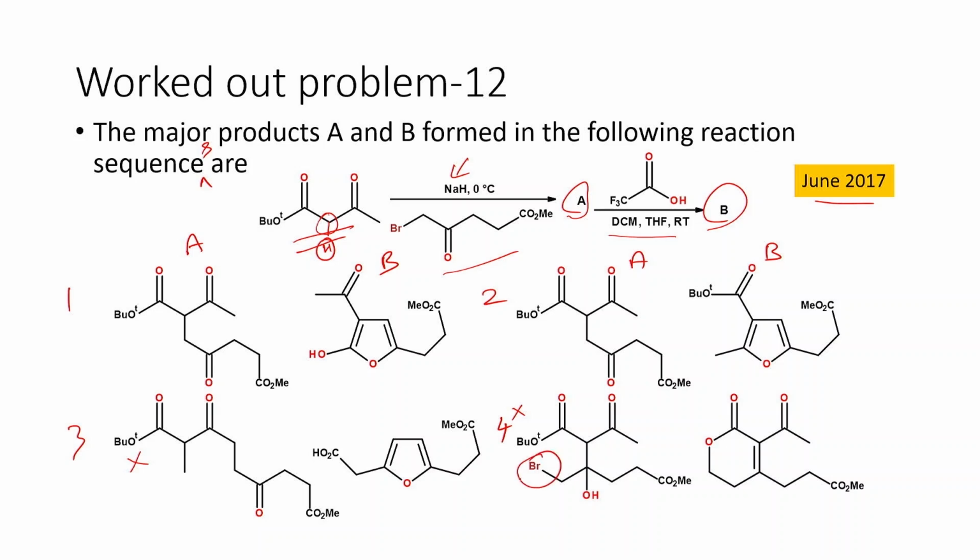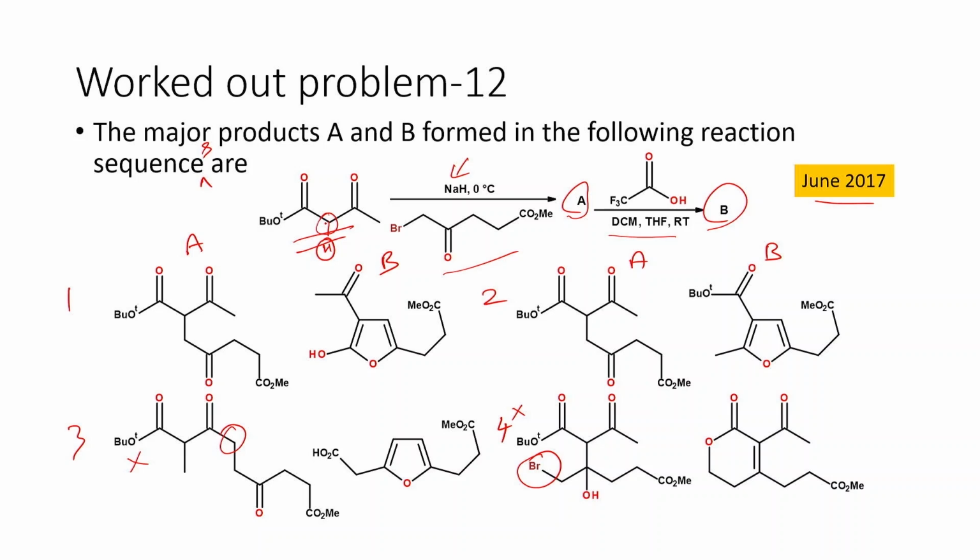So option 4 is completely ruled out because that may not be the product, and option 3 also can be ruled out because here the alkylation takes place on the alkyl carbon. Of course, this may be possible, it is not that it may not be happening, but the most stable one will be at the central methylenic carbon, which is also called an active methylene unit.